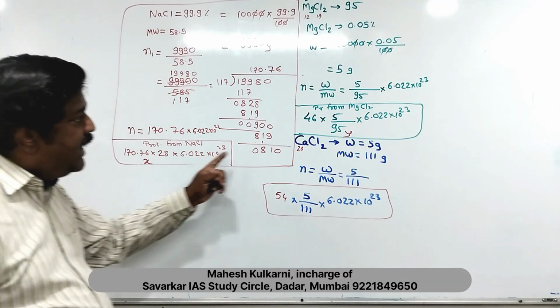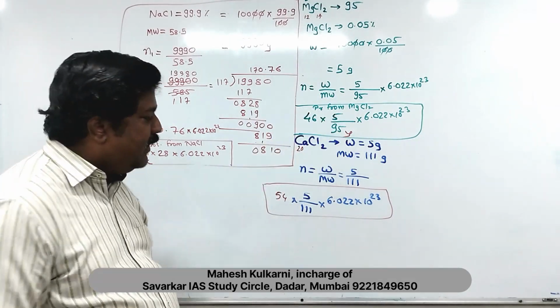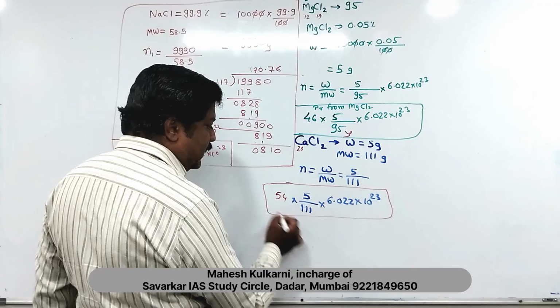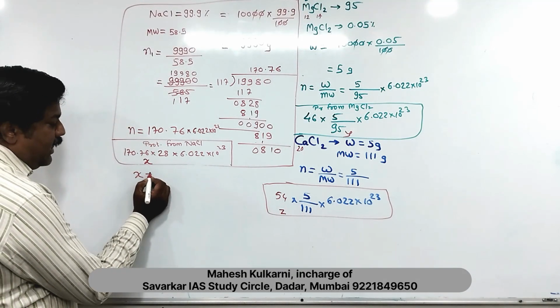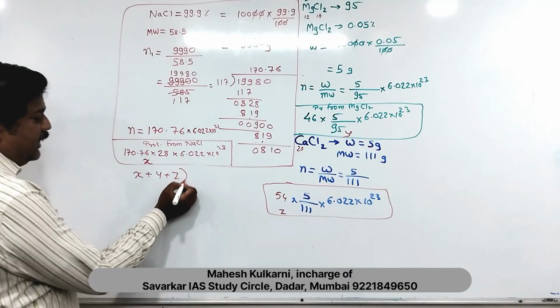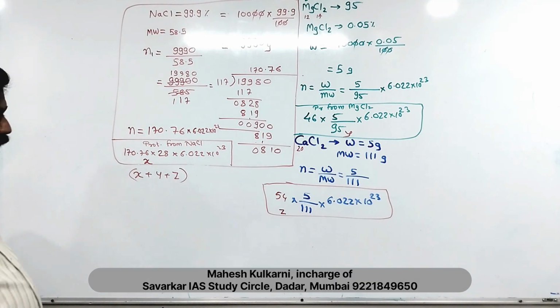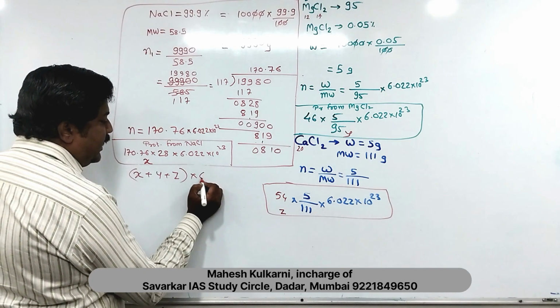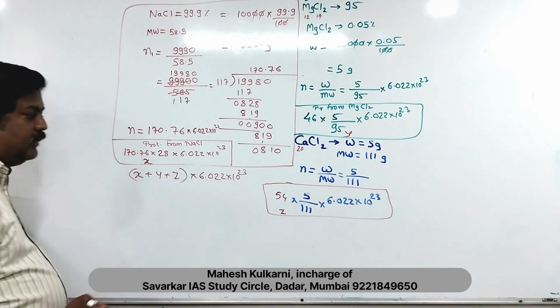So here also multiplier is kept separate, here also multiplier is kept separate, only this calculation is Y. And same way this calculation, that is Z. So what you have to do? You have to add X plus Y plus Z, because for everything multiplier is common. And so whatever the answer, multiply by 6.022 into 10 to the power of 23.